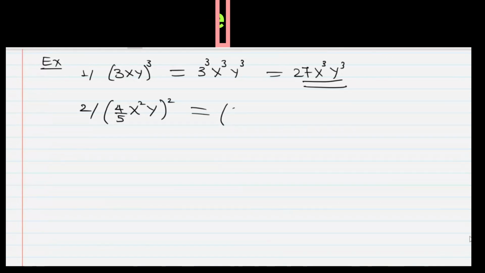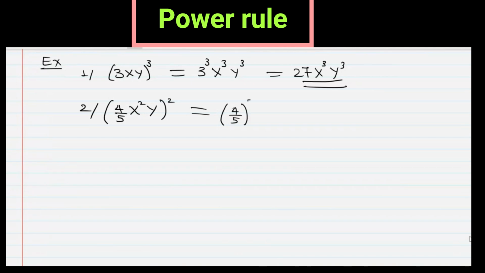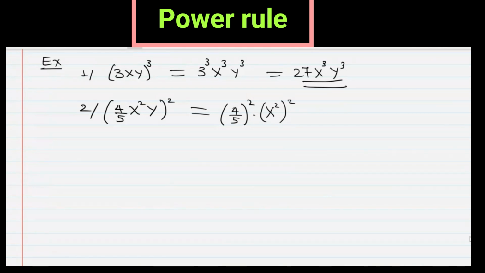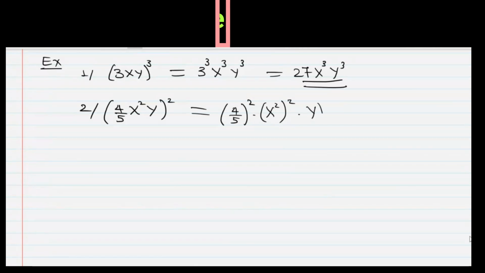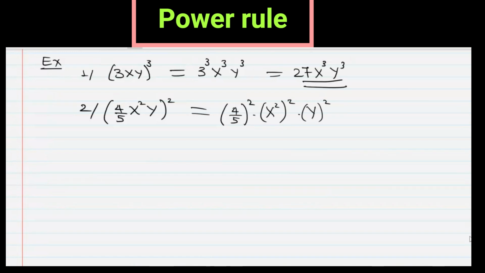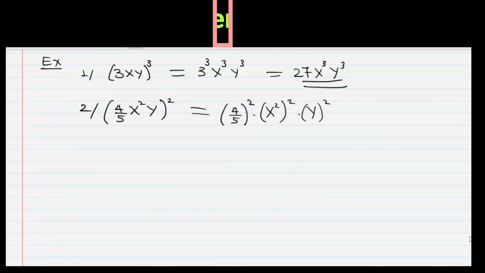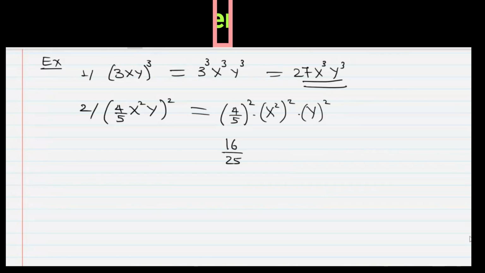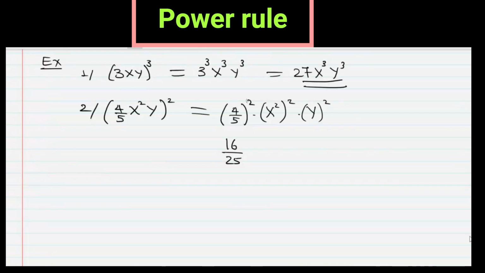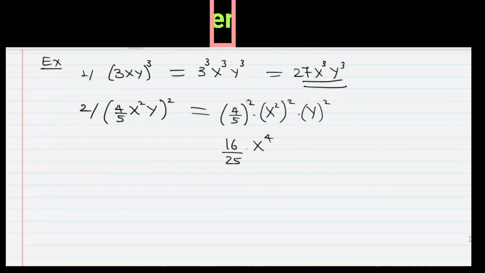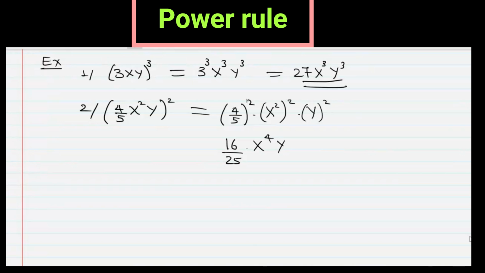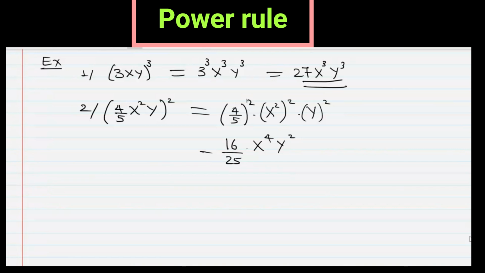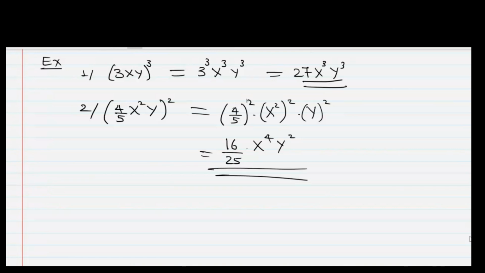I can rewrite it this way: 4 over 5 squared, x squared squared, and y is by itself, so y squared. Using the rule you remember from earlier, 4 squared is 16 over 25, because the square works for both of them, times x to the 4 since you multiply, and then y squared. If you can simplify, simplify. If not, this will be your final answer.